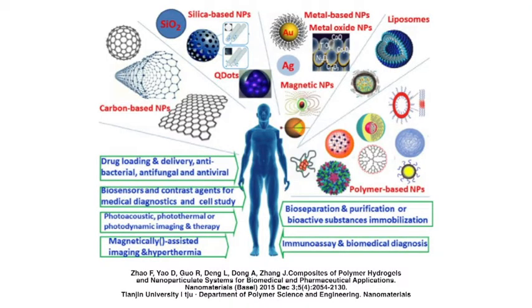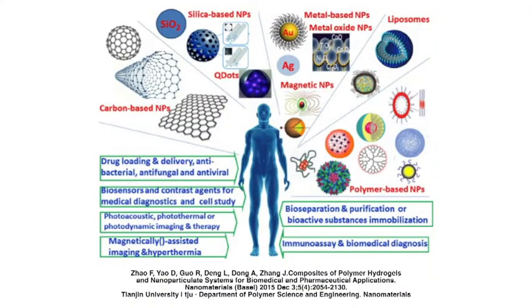This is a cartoon taken from a journal called Nanomaterials. And what I want you to see is the difference in the sizes and the shapes of those man-made nanoparticles. They could be carbon-based or silica-based or metal-based, and the metal-based nanoparticles are of deep interest to us because we have seen them in the brain and they accumulate in certain areas of the brain like the substantia nigra and the cerebellum.